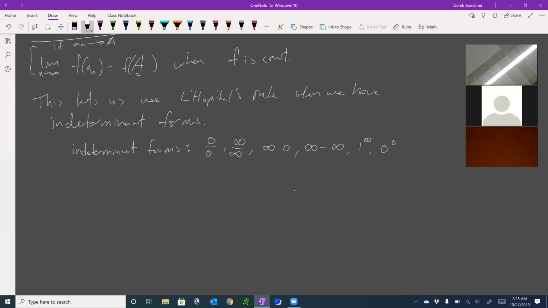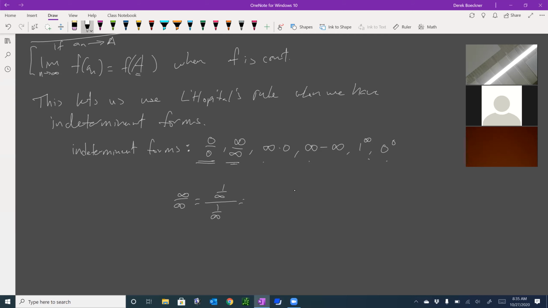Okay. So let's see why this is true. Well, my main base form is 0 over 0, right? So I'm going to have to transform each of these other indeterminate forms into something that looks like 0 over 0 somehow. So to transform infinity over infinity, I write 1 over infinity over 1 over infinity. And that's the same thing as infinity over infinity.